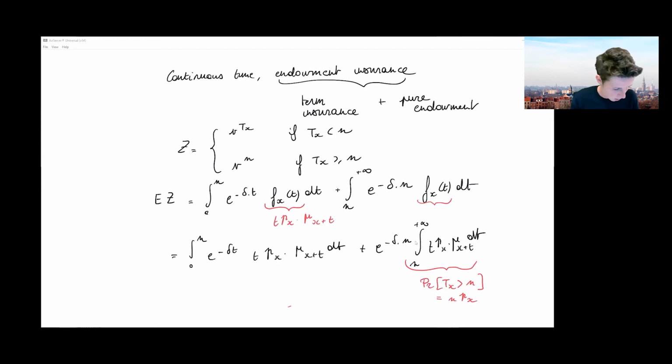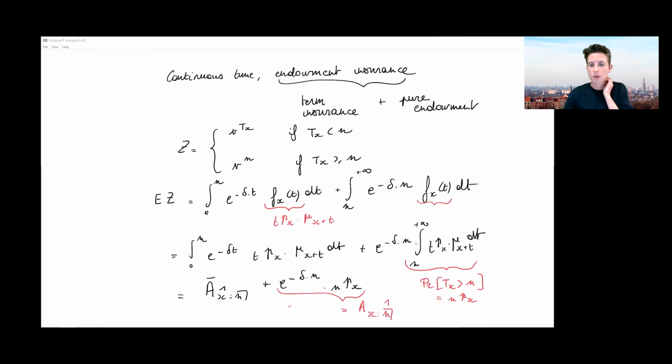So what is my valuation formula becoming? I've got a term insurance in continuous time with duration n. And on top of that, I've got e to the power minus delta times n multiplied with npx. And we also had a notation for that. So this one was my pure endowment, with notation A, x, n with the 1 on top of the n.